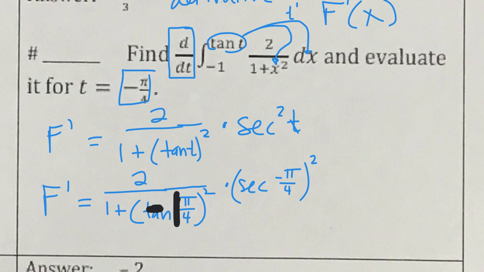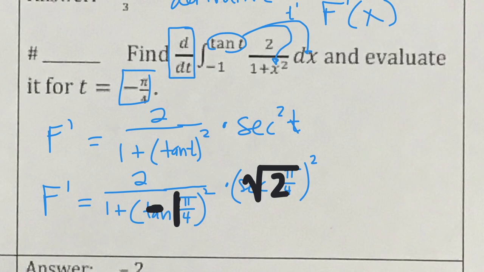And the secant at negative pi over 4 is the reciprocal of the x value. So the x is root 2 over 2, so the secant at negative pi over 4 is root 2. Okay, these all come from your unit circle, but hopefully you know a little bit better than you think you do, which is probably not true.